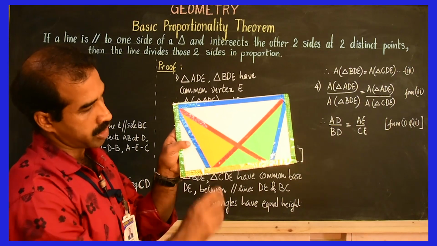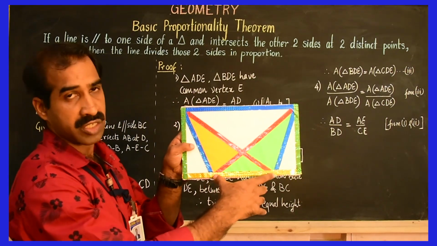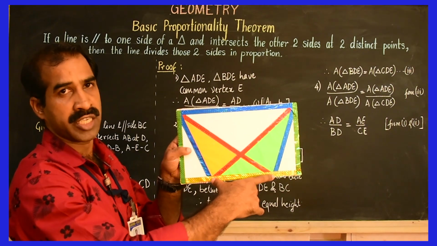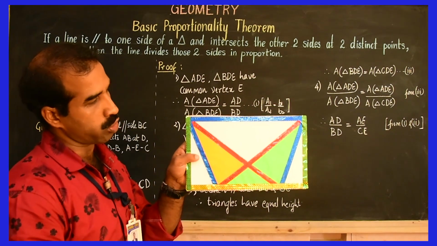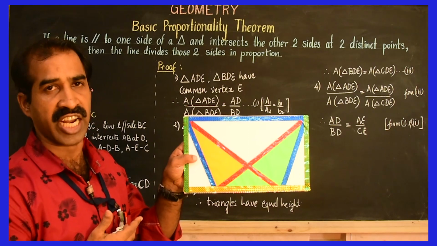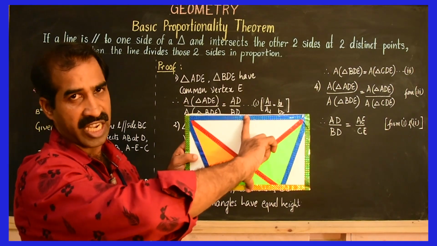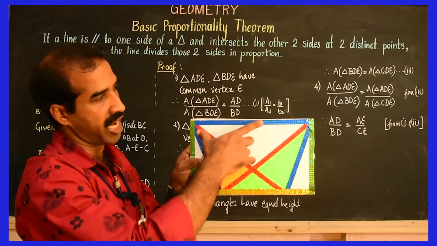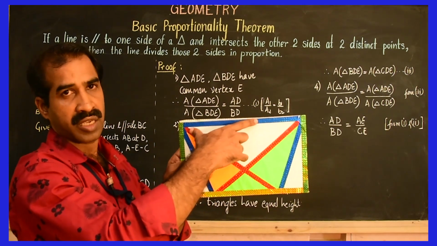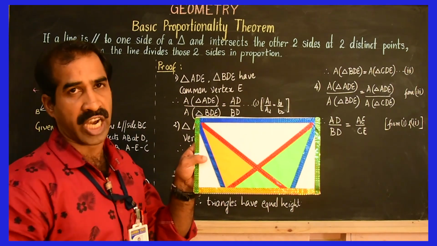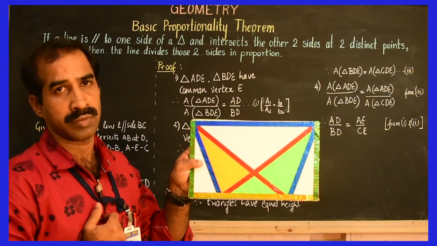Now these two triangles have common base DE, and these two triangles, BDE and CDE, lie between two parallel lines, DE and BC, and hence the perpendicular height for these two triangles will be equal.